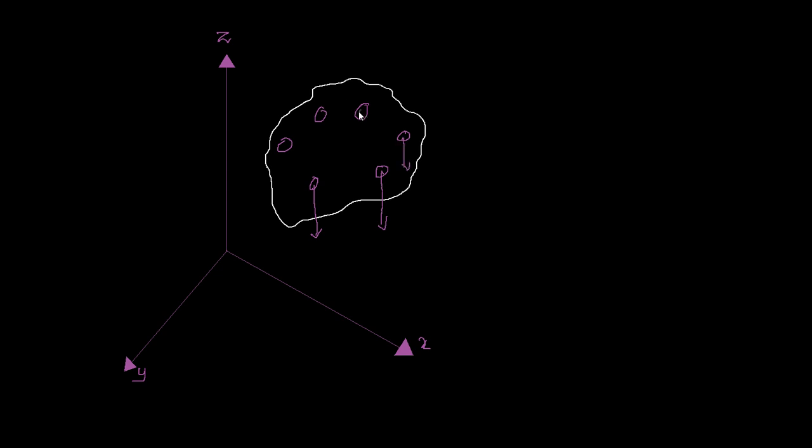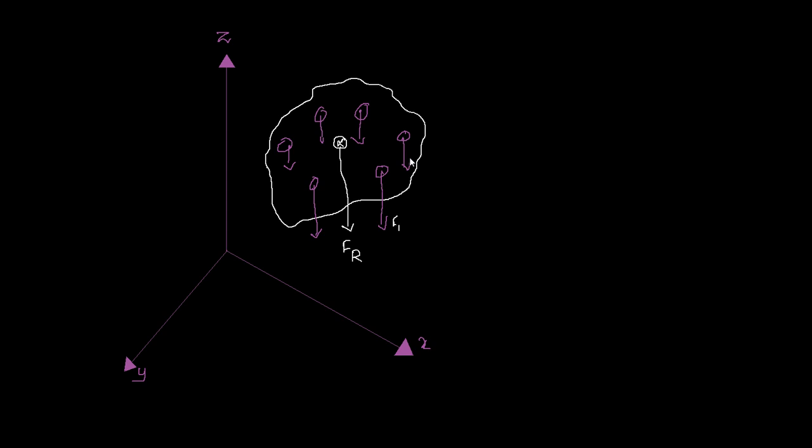So now what we have is a force system where you have a number of forces acting parallel to each other, and you know if there is a force system, you will have a resultant force. Let's say the resultant force is acting from here, acting vertically down, and this is Fr.